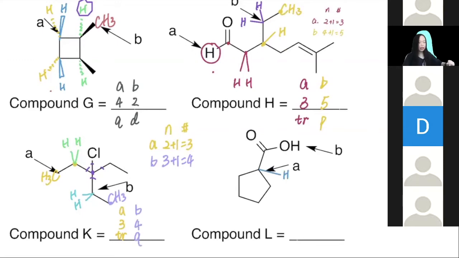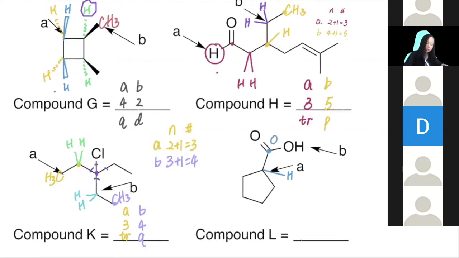Compound L, what are my neighbors? Carbon neighbor 1 doesn't have any protons, so there are 0 protons on this carbon. Carbon neighbor 2 has 2 hydrogens. My proton A has 4 neighbors. Hydrogen A has 4 neighbors.